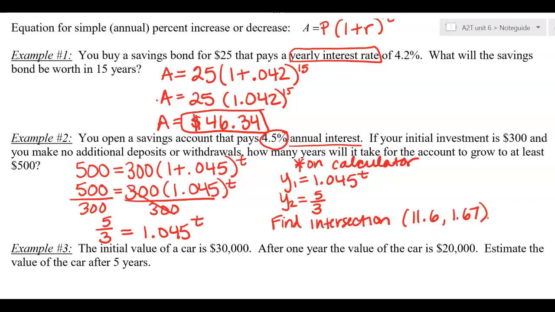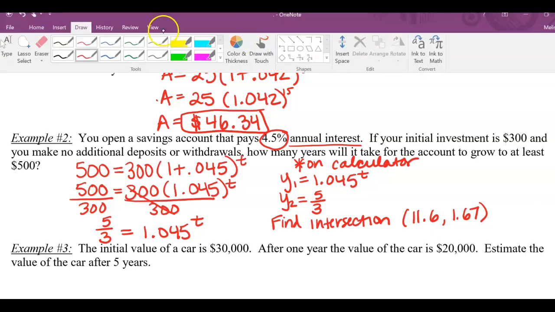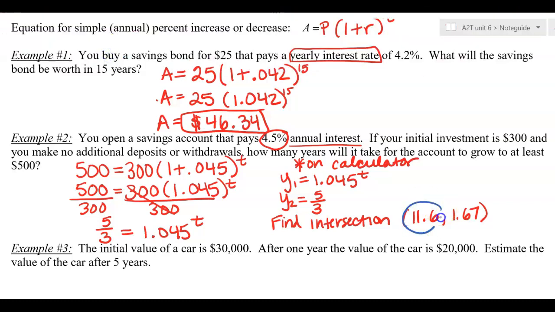So really, x is telling us the number of years in our solution. And so we would focus on this number here, and that would tell us that it takes a little over 11.5 years. Maybe if we only get our interest at the end of the year, we'd have to keep our money in there for 12 years, depends on the situation, for us to get $500 from our $300.